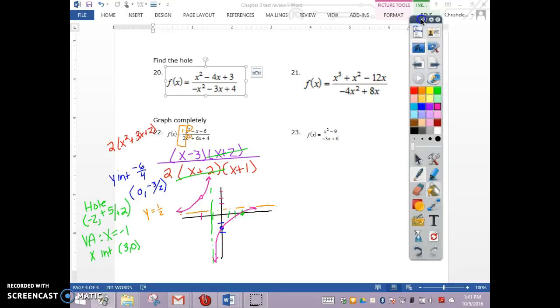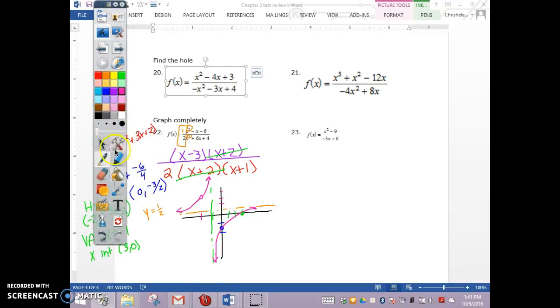Okay, last one. I'm going to factor numerator, factor denominator, see if I've got any holes. X minus 3, x plus 3. Factor out a negative 3, and I'm left with x minus 2. Okay, no holes. I do have then a vertical asymptote at 2.